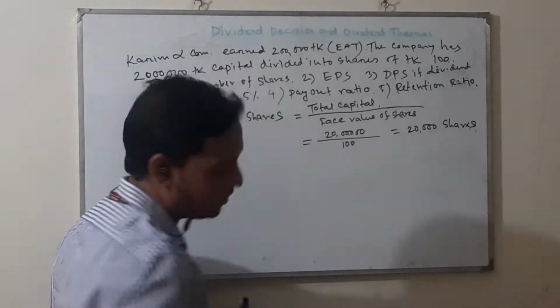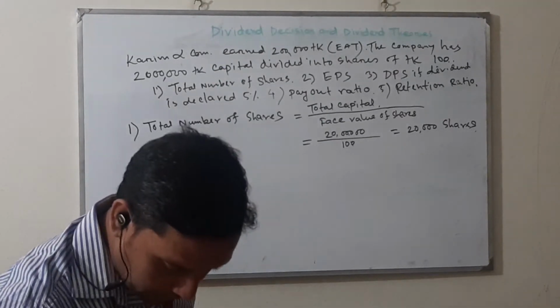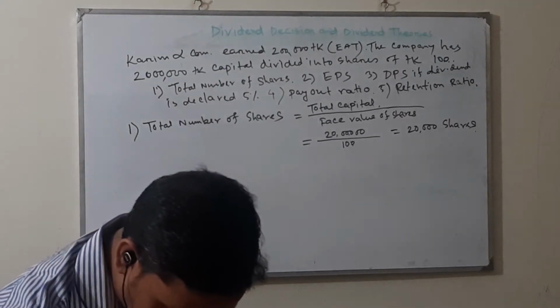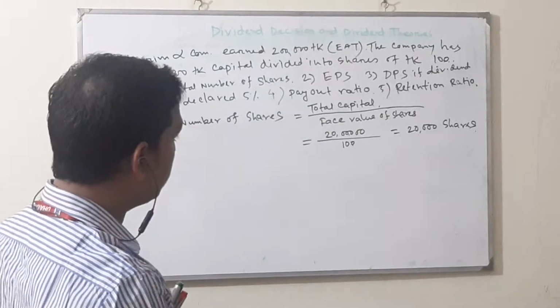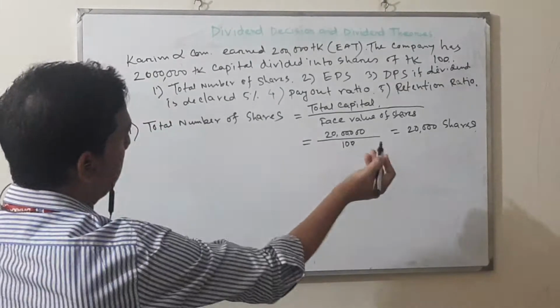It is authorized shares. Okay, 20,000 shares.